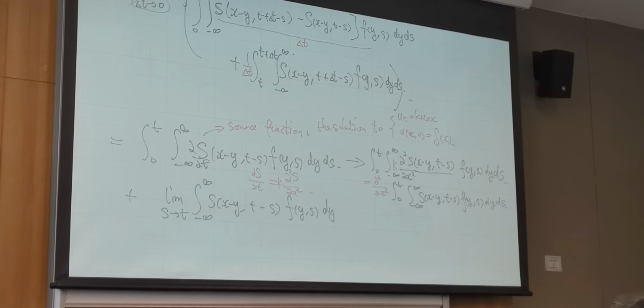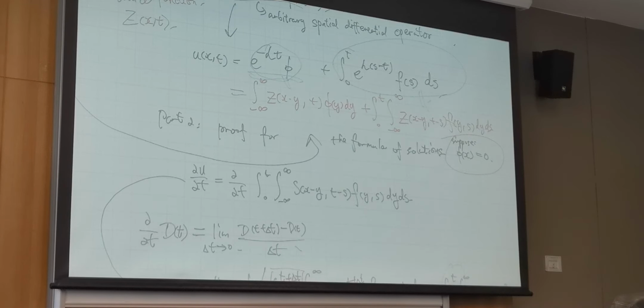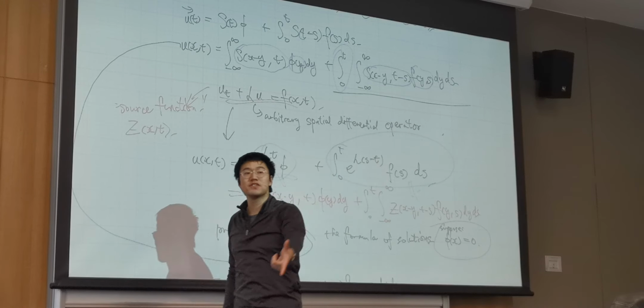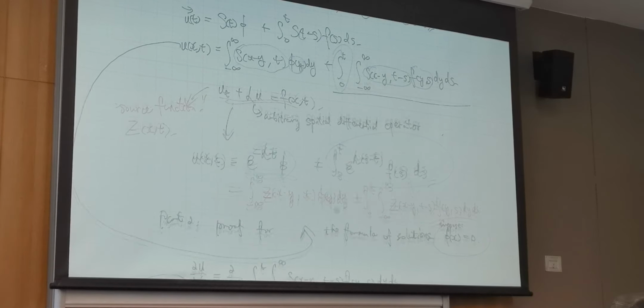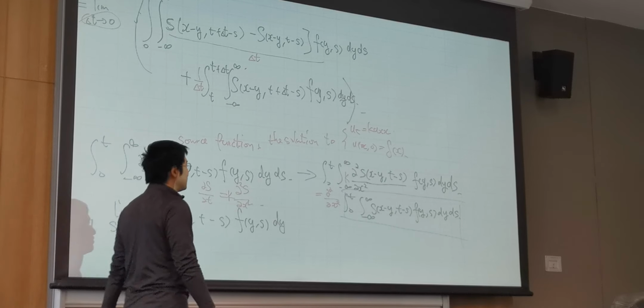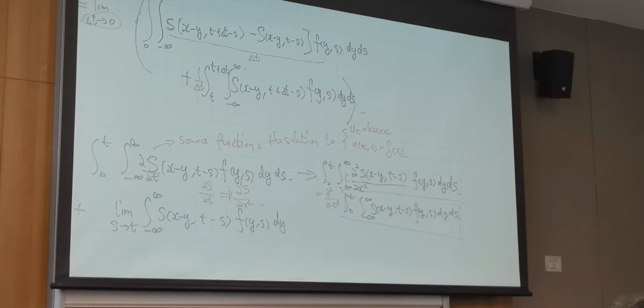But what is this? I was saying that the initial condition phi is 0, right? So my u x t only contains the second part. And this is indeed the second part of the solution. Which means one more step.